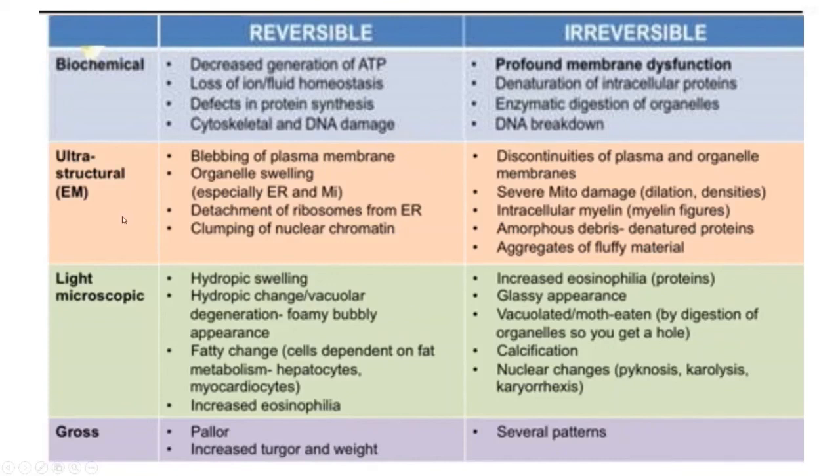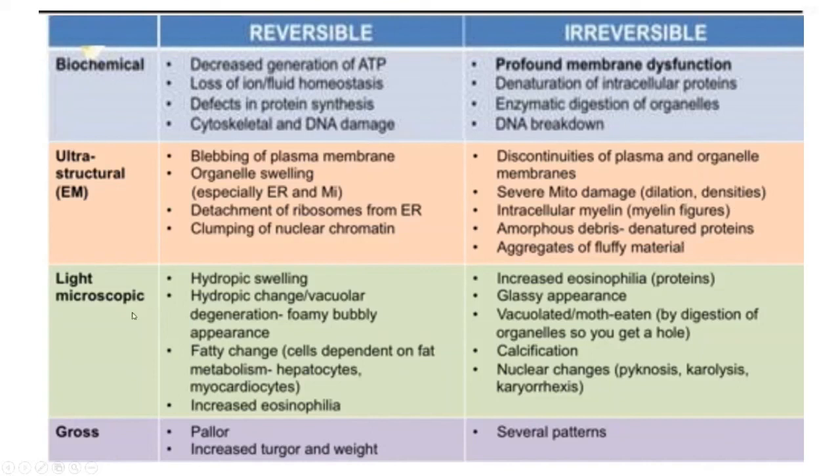Now, what are the ultrastructural changes? In reversible injury, there will be blebbing of the plasma membrane, organelle swelling, detachment of ribosomes, and clumping of the nuclear chromatin. While in case of irreversible injury, there will be discontinuities, severe mitochondrial damage in the form of increased densities and dilatation, increased intracellular myelin figures, and increased denatured proteins.